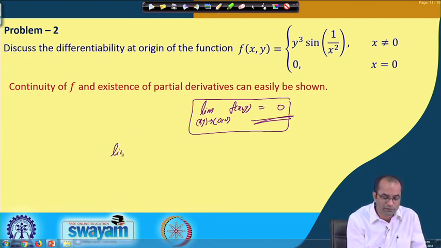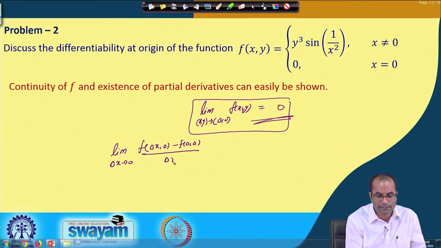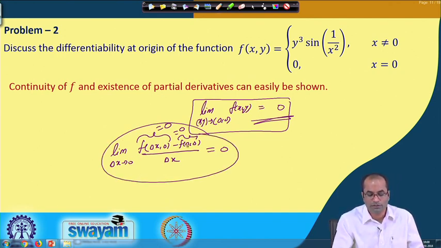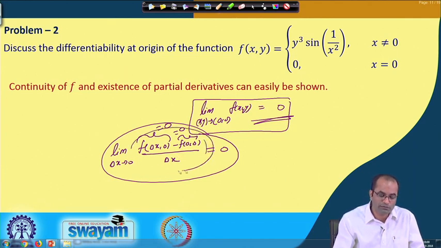And also the existence of the partial derivatives. For that we consider the partial derivative with respect to x; we need to show that this limit of f(0 plus delta x, 0) minus f(0,0) divided by delta x exists. So, here this y is 0, so this will be 0 and this is again here 0. So, we have 0 minus 0, so this is also 0. So, we have the existence of the partial derivative with respect to x. Similarly, we can show the existence of the partial derivative with respect to y.